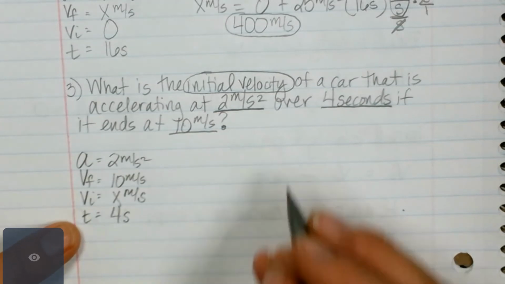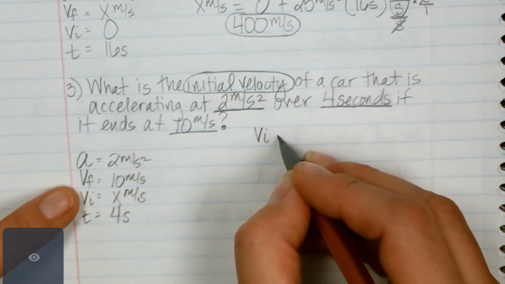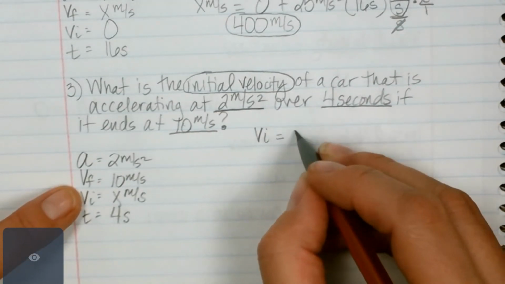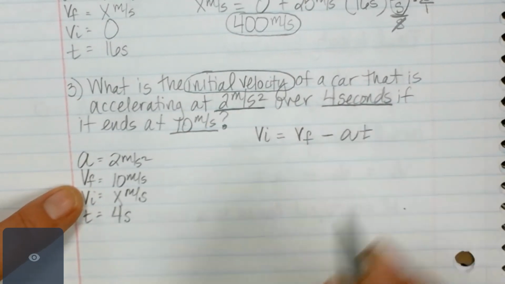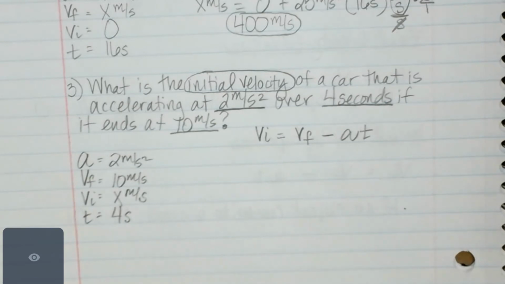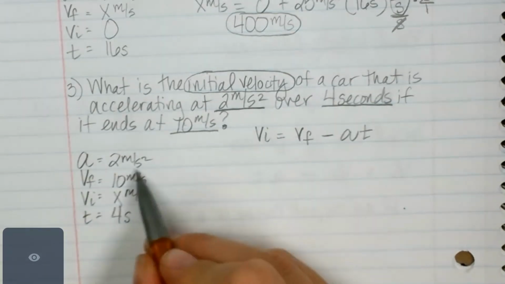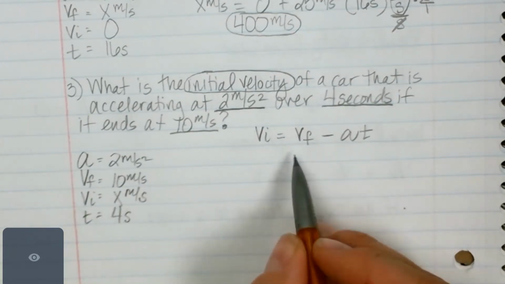Okay, so now I'm going to use the equation VI equals, because we're looking for initial velocity, my final velocity minus acceleration multiplied by time. So I'm going to take these and plug them into these variables.